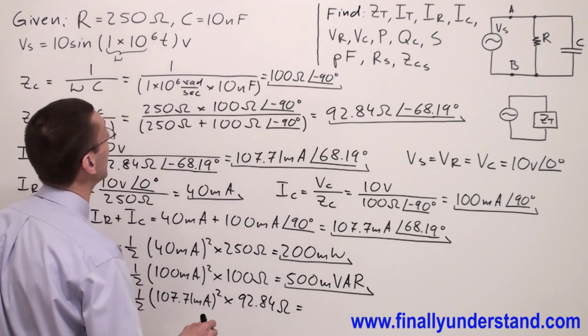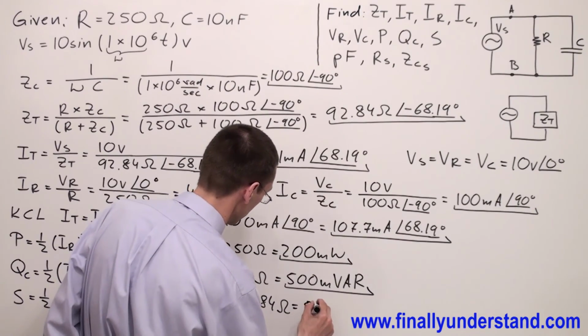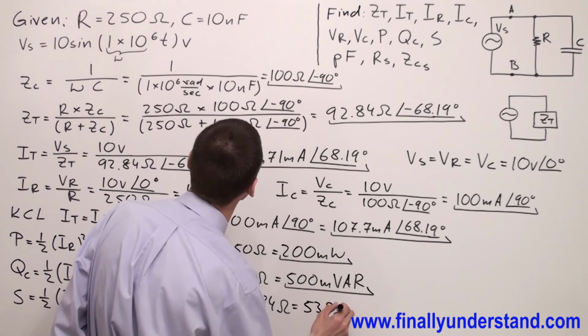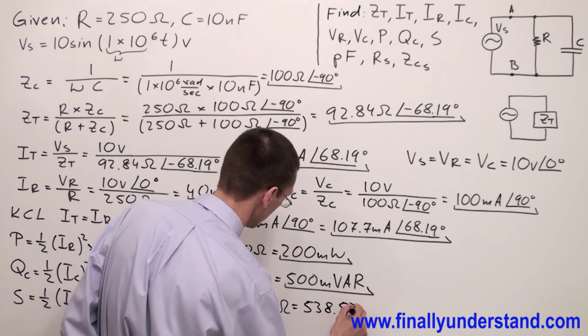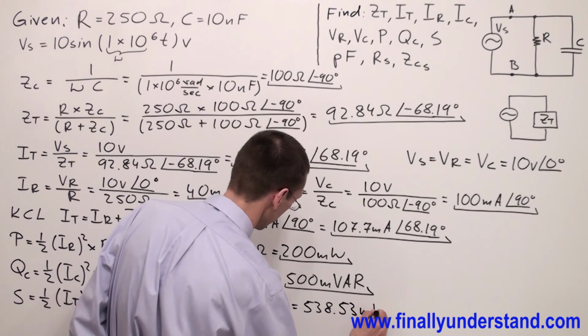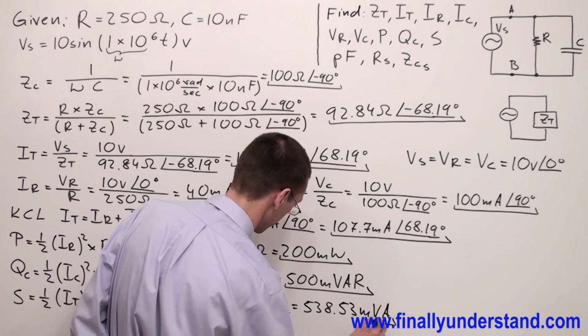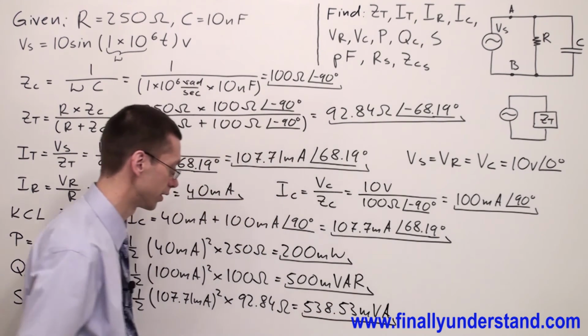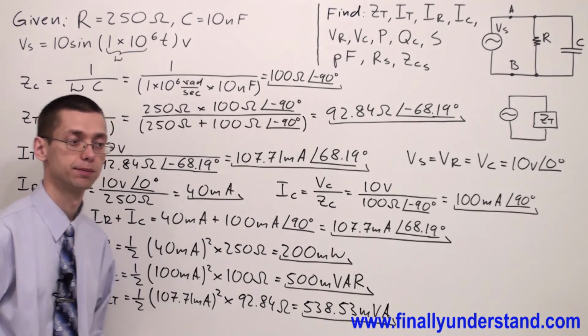This is equal to 538.53 millivolt amps. And this is the value of the apparent power.